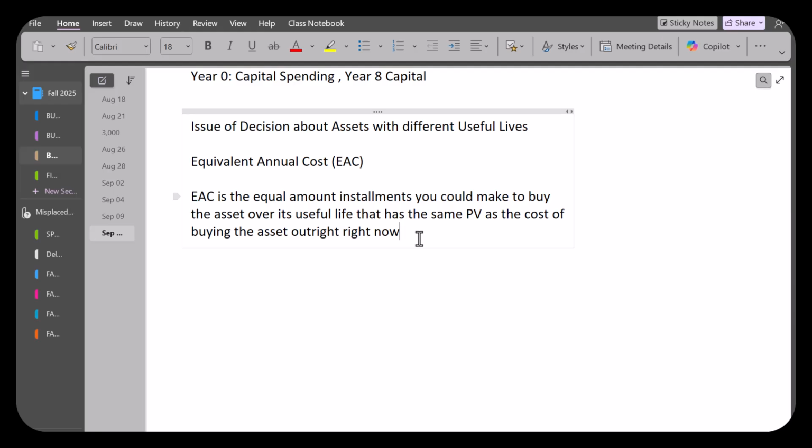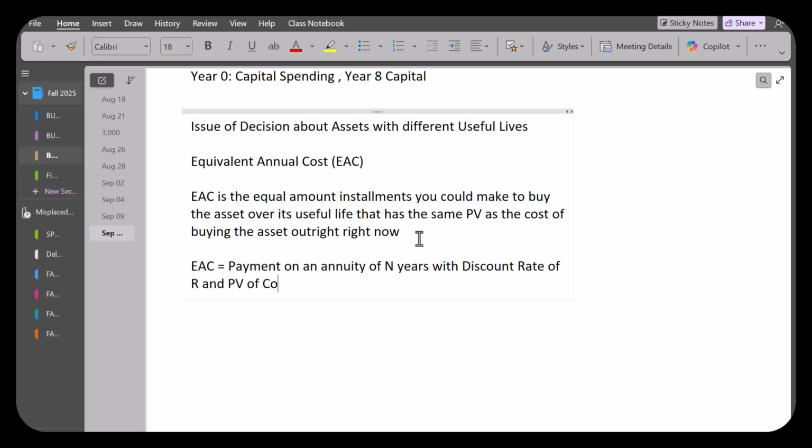Turns out EAC is equal to payments on an annuity of n years with discount rate of R and present value of cost.